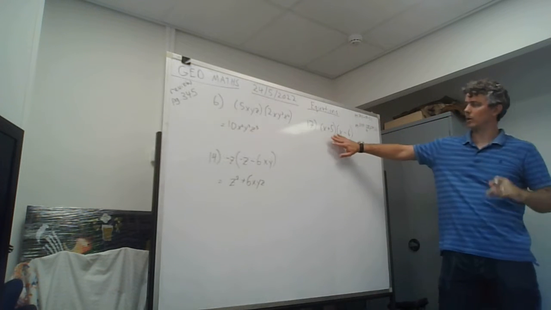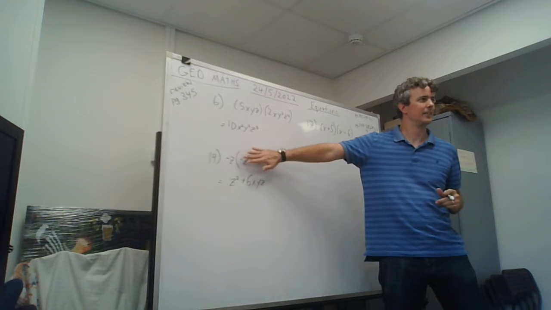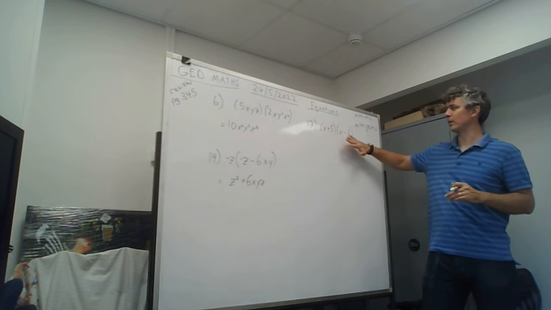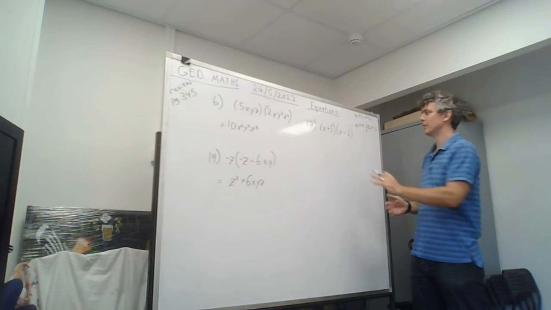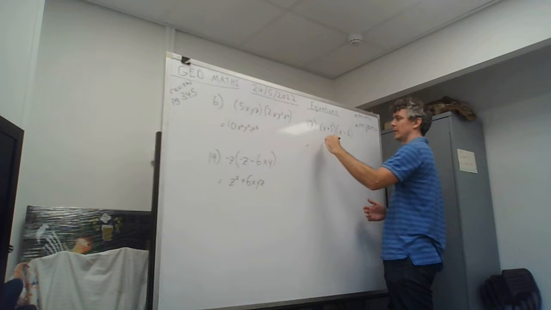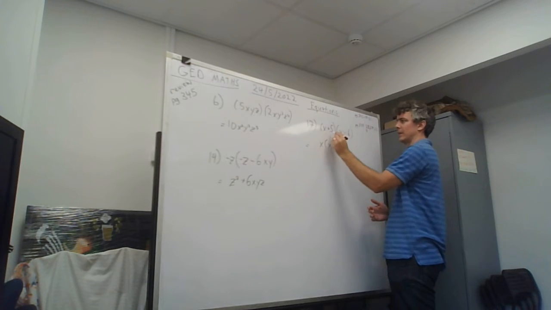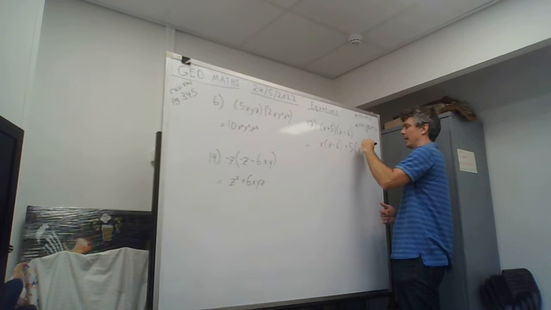So when you do a binomial times a binomial, it's essentially two monomial times binomial multiplications. So this is basically the same as if we did the first one, x times x minus 6, and then plus 5 times x minus 6.